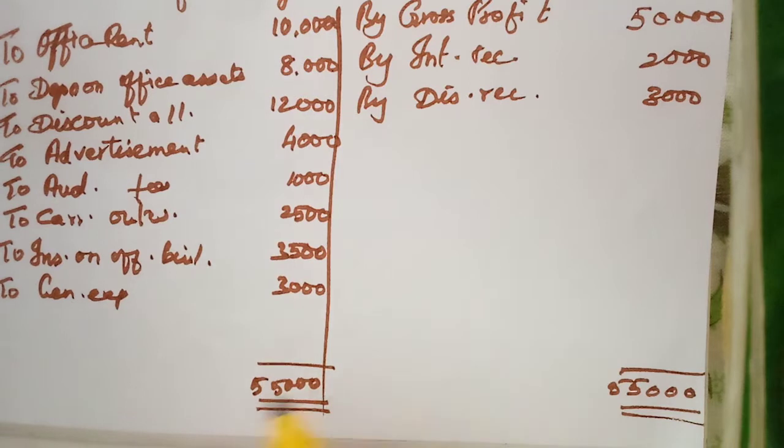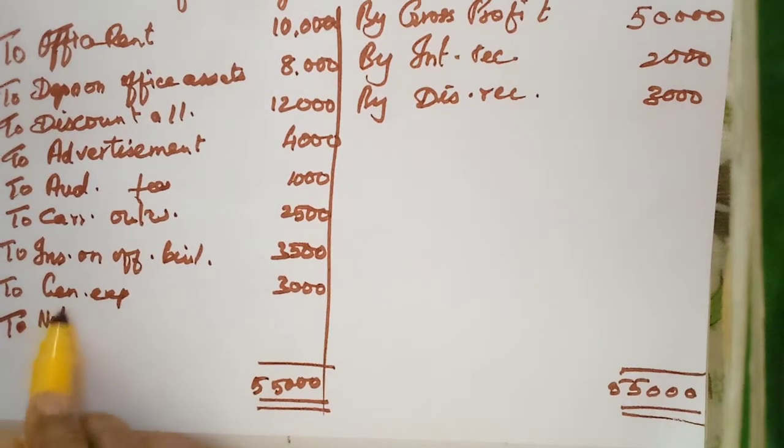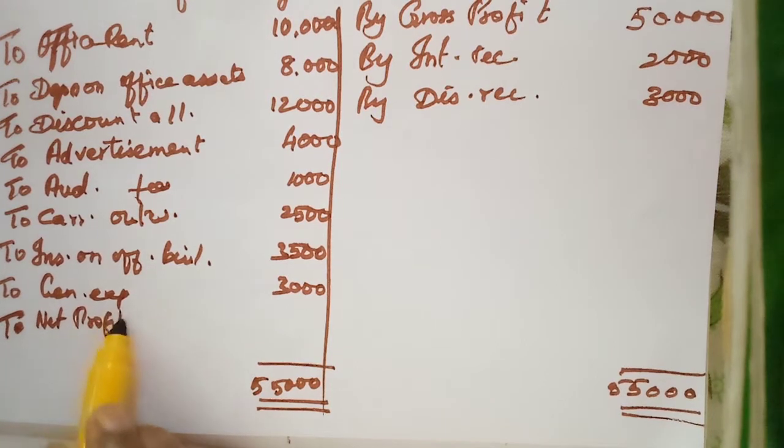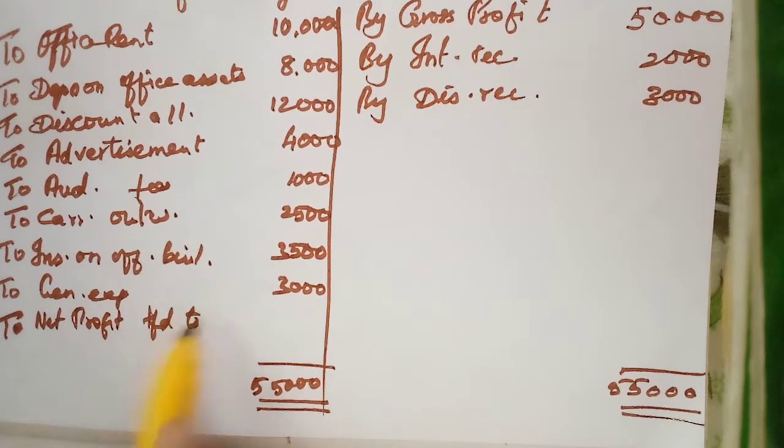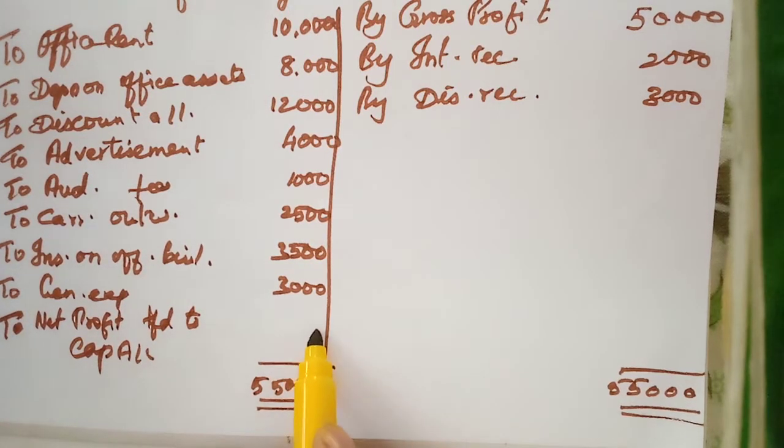Write the amount with the pencil, then you can rub and write it correctly. Then net profit transferred to capital account. Right. 0, 0. Here 5 plus 5, 0. So 10, 0.